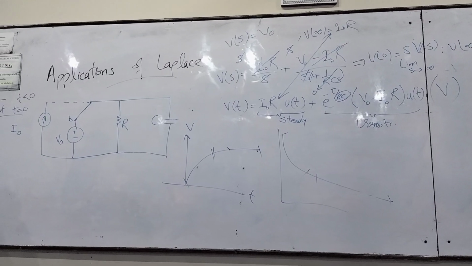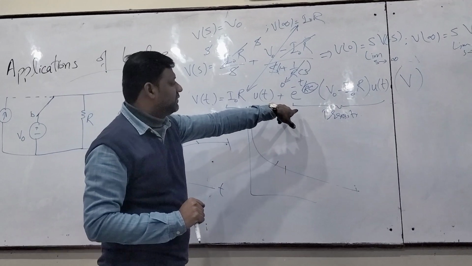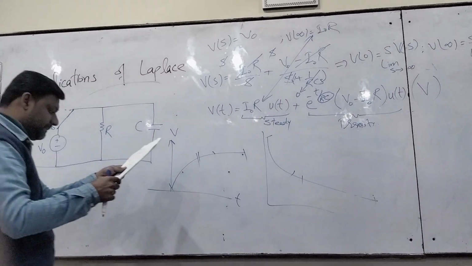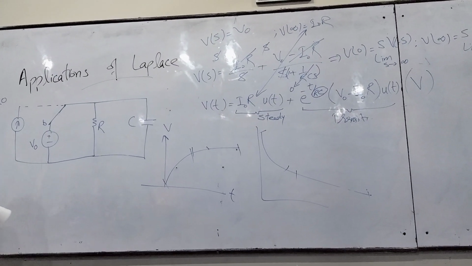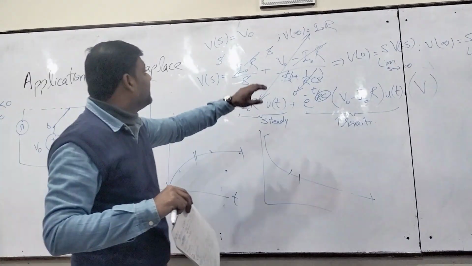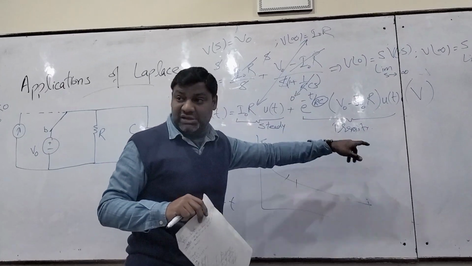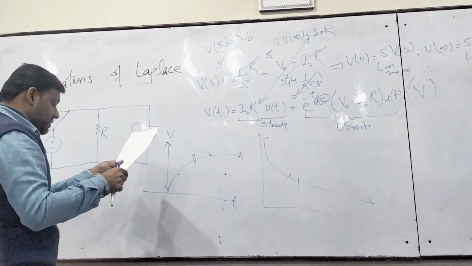What was the natural response and what was the forced response? You can also find out from the same expression. This is the core of this topic. Okay? You have to find out the initial and final values. You have to find out steady state, transition, and the complete response. Okay? So please concentrate here.